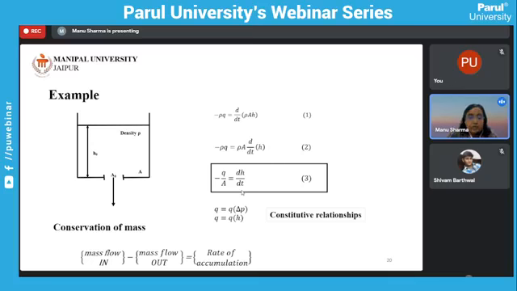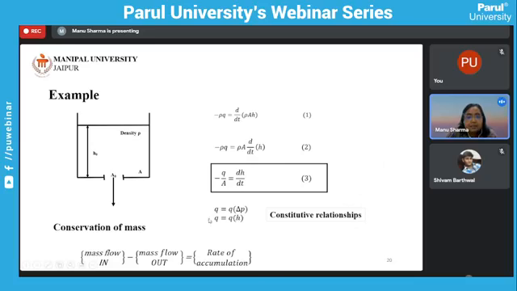Now we know that as the height is changing, Q is changing. As the pressure is changing, Q is changing. So we can relate flow rate with height, and flow rate with pressure. That means flow rate is a function of change in pressure, and flow rate is also a function of height.